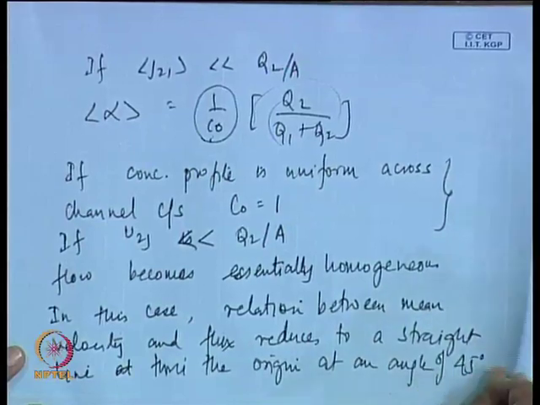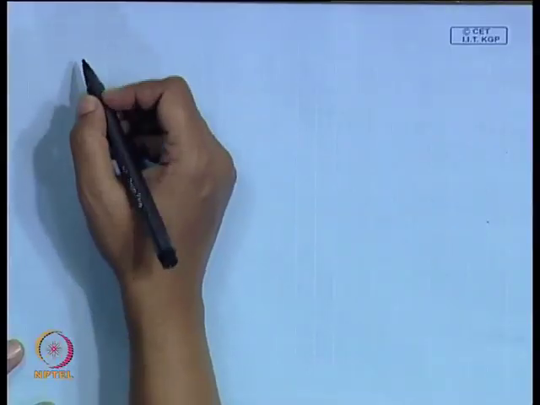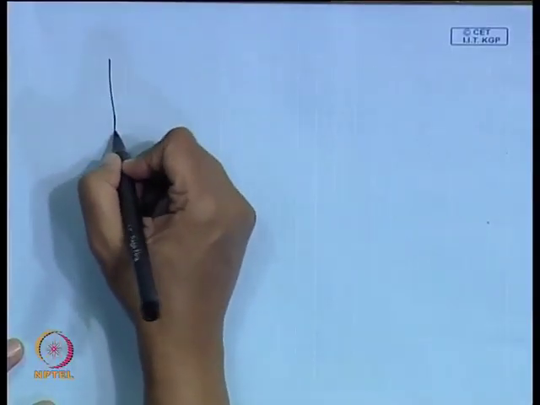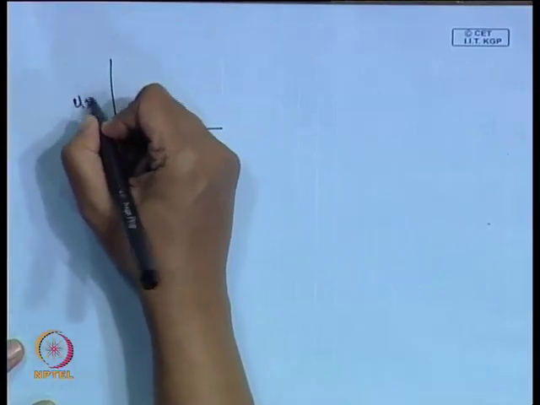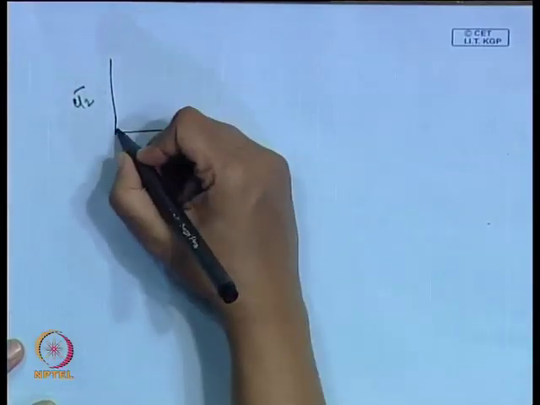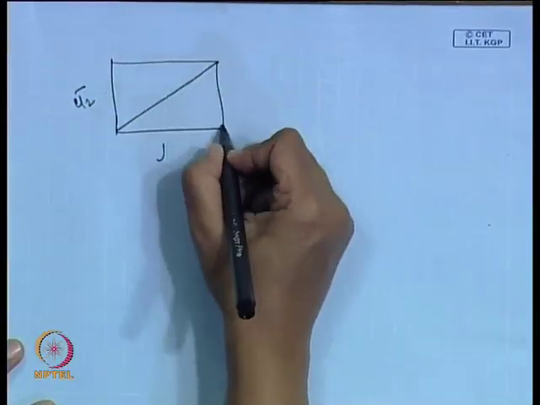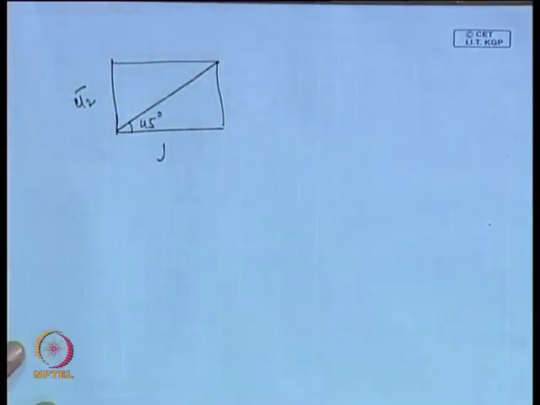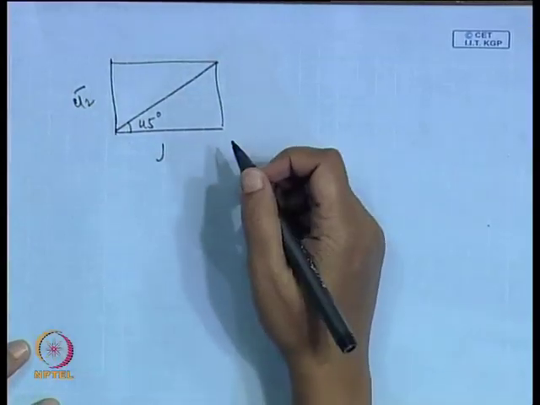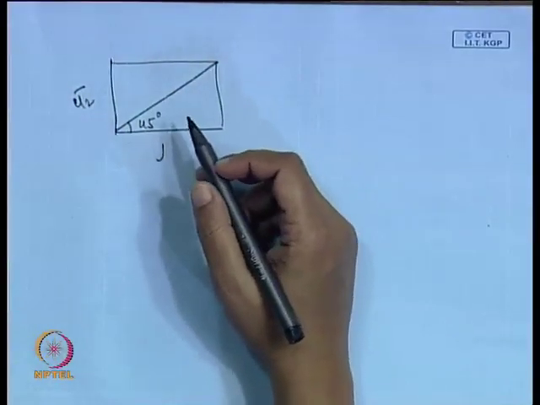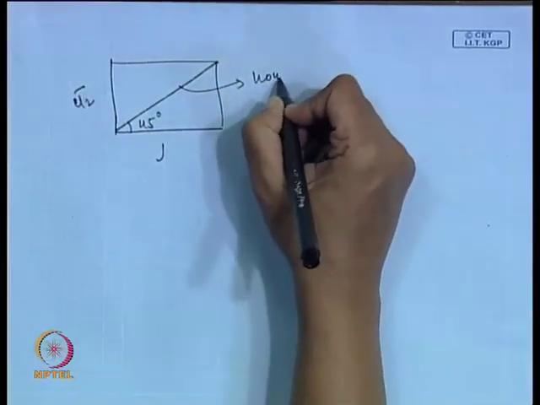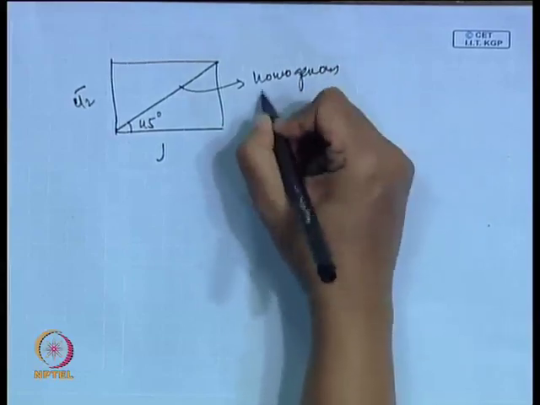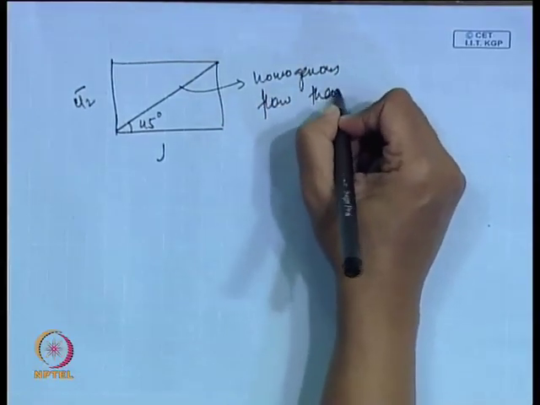Or in other words, for such a circumstance, if we plot u2 bar with j, we get a straight line through the origin, isn't it? We get such a straight line. And this gives you the homogeneous flow theory.